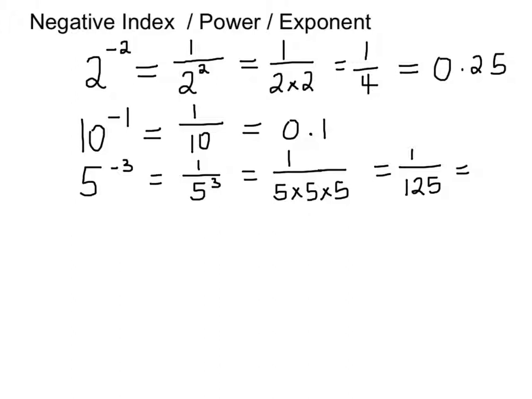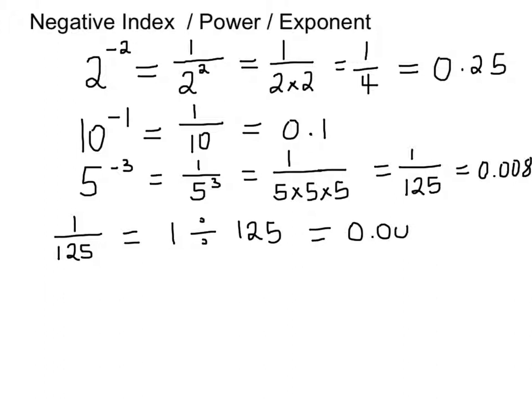And as a decimal, and we can work it out in the calculator, 1 divided by 125 is 0.008. Another way of writing 1 divided by 125, you could write it as 1, and you can put a division sign, and then 125. And as I said, the answer is 0.008.